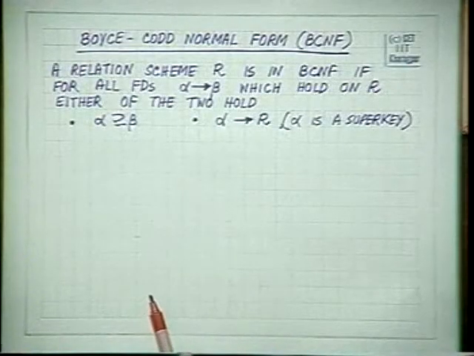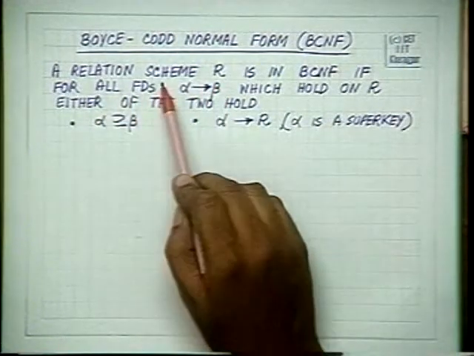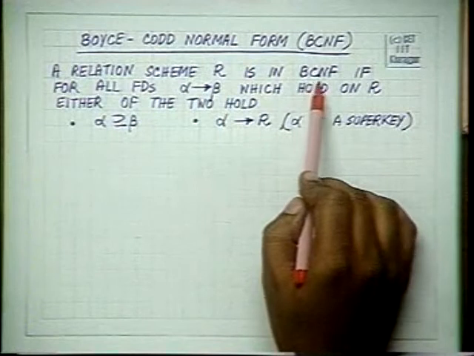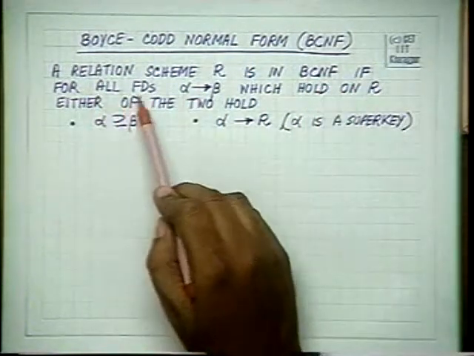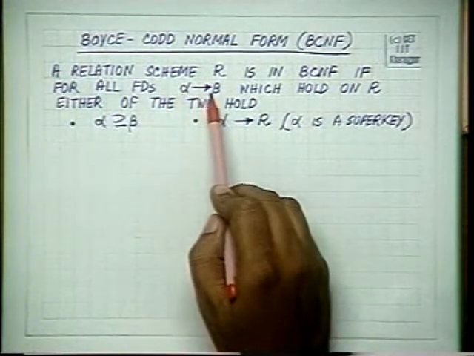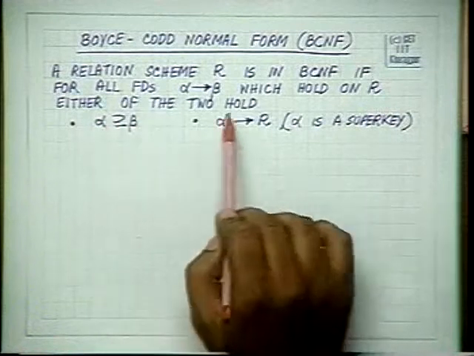The Boyce-Codd normal form says this: a relation scheme R is in Boyce-Codd normal form, or BCNF, if for all functional dependencies alpha to beta which hold on R, either one of the two should hold.